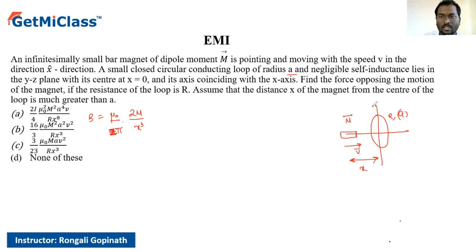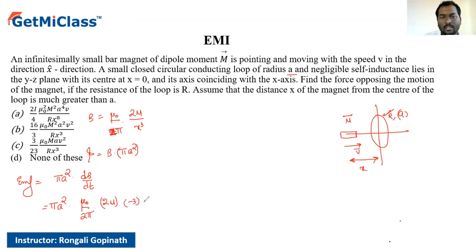Now this is passing through the area of this loop, so the flux would be B into pi a square, and the EMF induced is d phi by dt, which is pi a square into dB by dt, which is pi a square into mu naught by 2 pi into 2m into the derivative of x to the power minus 3, which is minus 3 into x to the power minus 4.